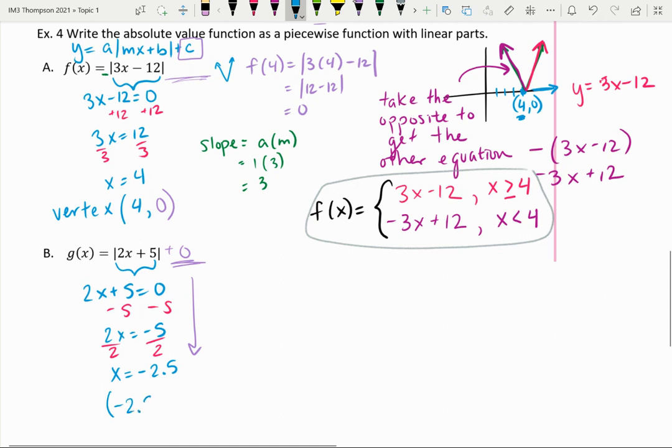My vertex is going to be (negative 2.5, 0). Because again, I have nothing added or subtracted outside the absolute value to change my vertical shift, to change my y value.